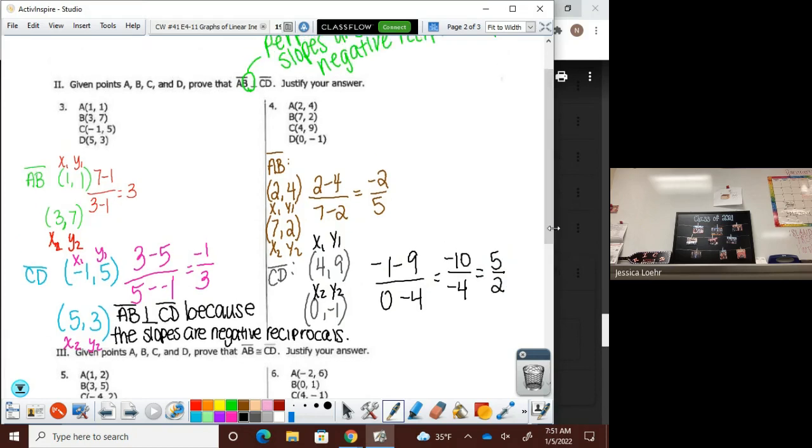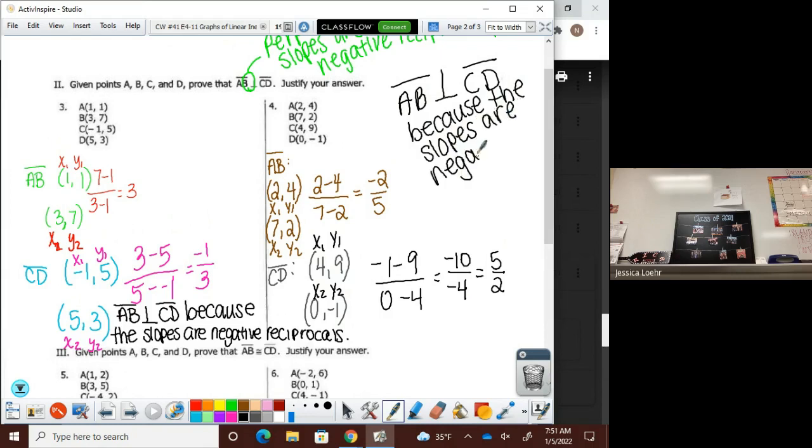So then your sentence is going to be AB is perpendicular to CD because the slopes are negative reciprocals. There's really no way to shorten that one, unfortunately, because there's not another word for negative reciprocal.